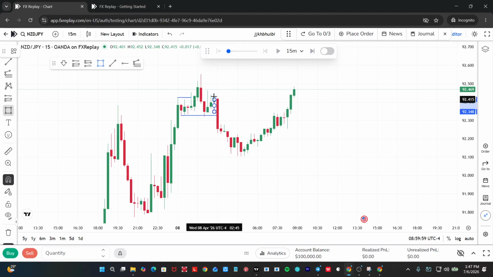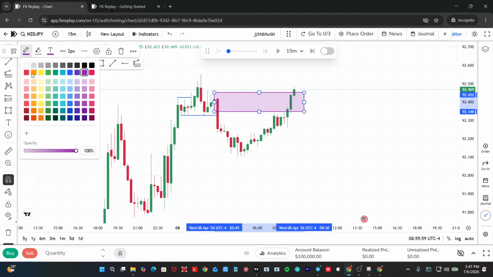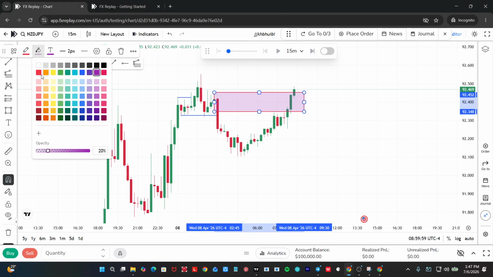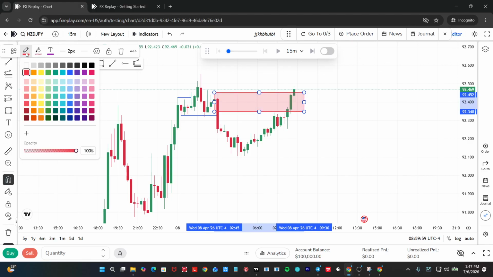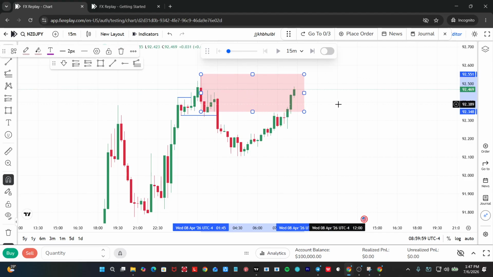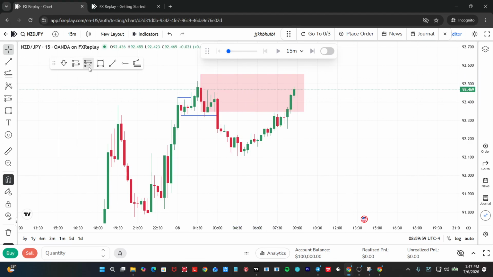They would have their supply zone, and they would have their stop loss there, whereby they are targeting down.